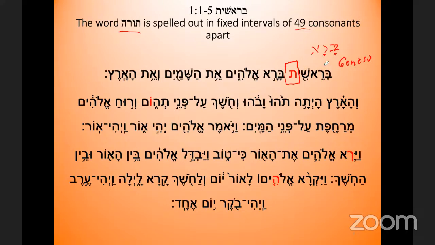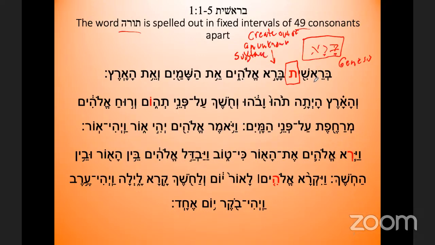And then with Bereshit, there is a note up here. We have the word bara. Bereshit bara is just an added note. So only God can bara, or create out of an unknown substance.